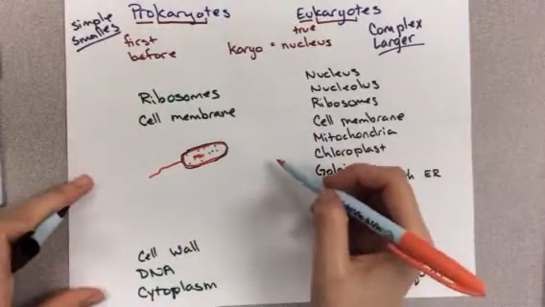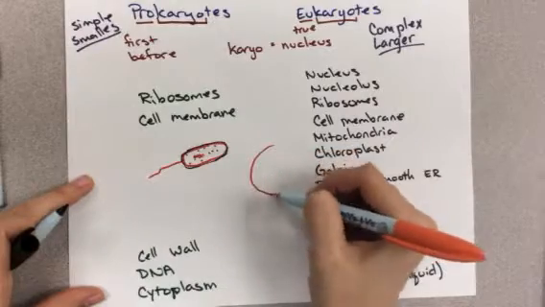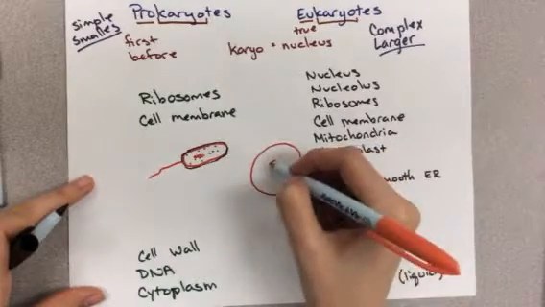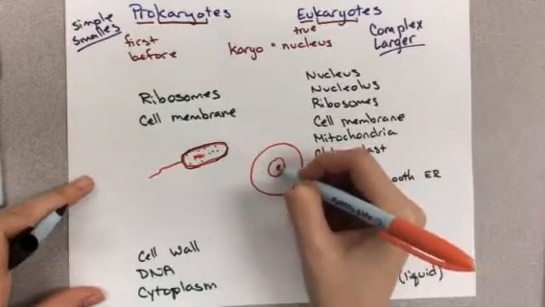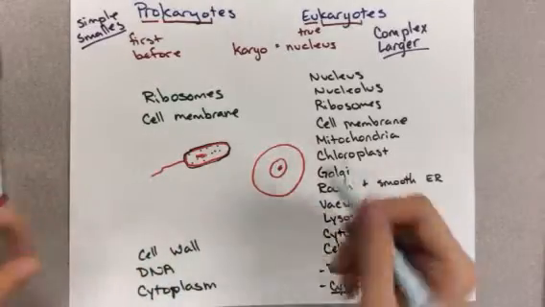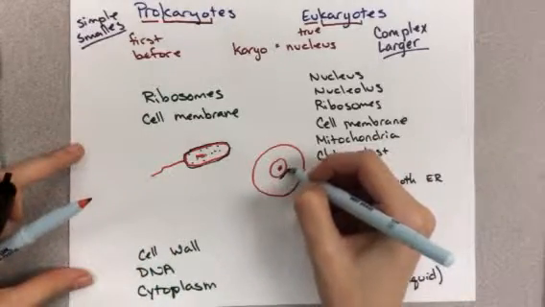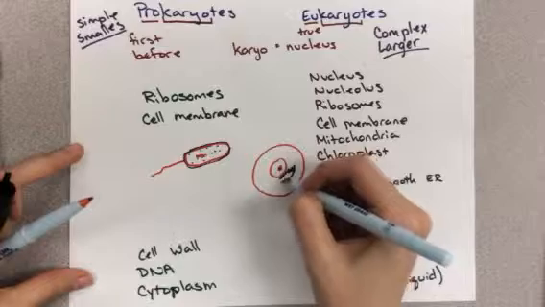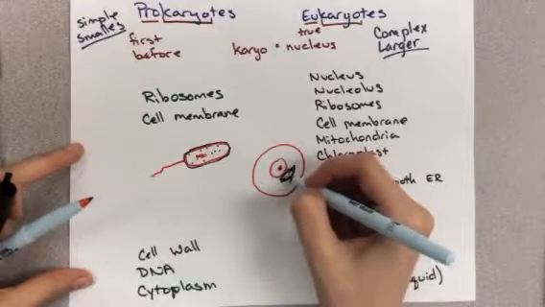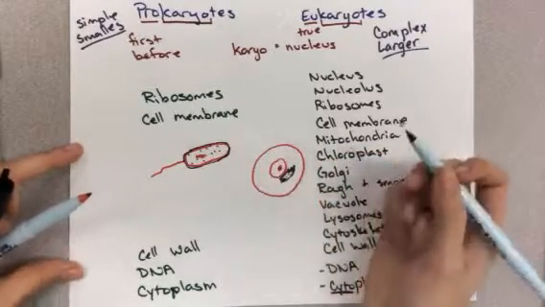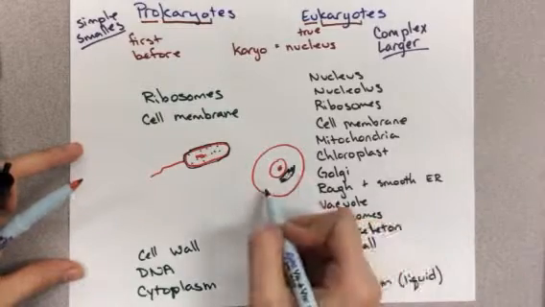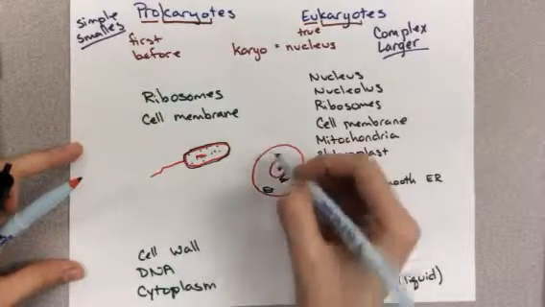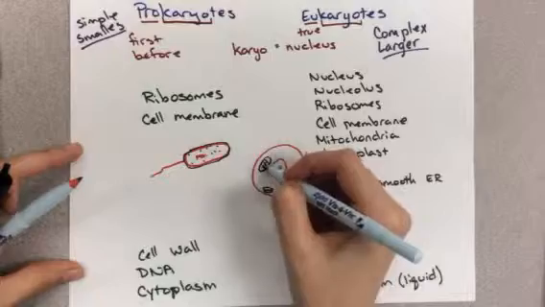The eukaryotes, on the other hand, are a lot more complex. They're bigger. Here's the nucleus. There's probably the nucleolus inside. There's the endoplasmic reticulum network throughout. Some of it is spotted with ribosomes, so that would be the rough ER. You can have the Golgi, you can have the mitochondria.